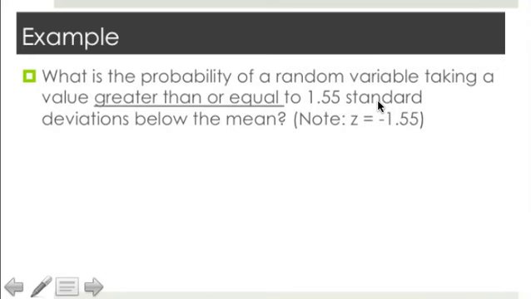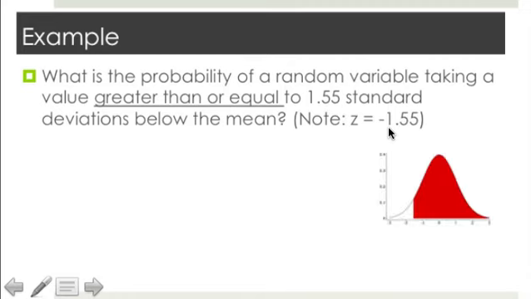We can also do problems where we look at the probability a random variable takes a value that's greater than or equal to some z-score. In this case, z is equal to 1.55, and because it's below the mean, its actual value is negative 1.55. So we're looking for all values that are greater than or equal to this z-score.